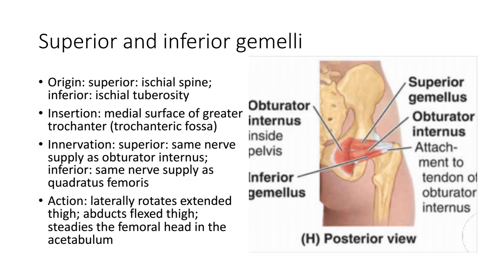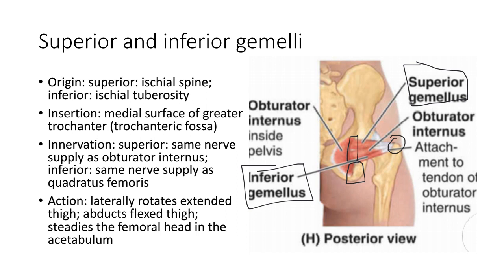The origin of the superior gemellus is the ischial spine, and the origin of the inferior gemellus muscle is the ischial tuberosity. For the insertion, they both insert on the medial surface of the greater trochanter, which is called the trochanteric fossa.